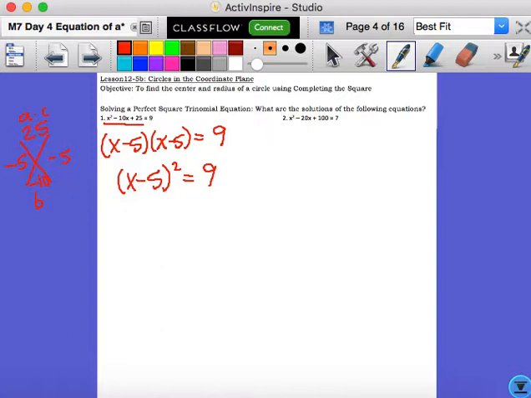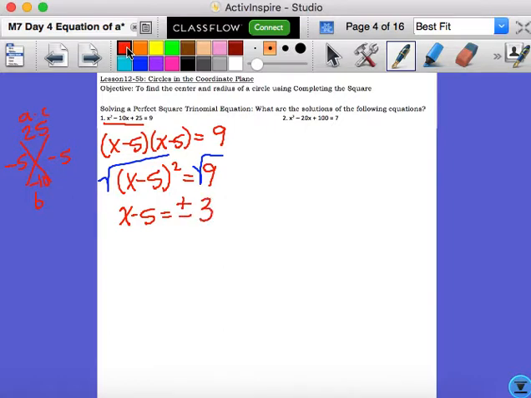But if we were to try to solve this equation for x, to get rid of that squared, I'm going to take a square root of both sides. That's going to leave me just with that x minus 5, so I'm going to delete the parentheses essentially here. But remember, when you take a square root, you have both the positive and the negative answer here.